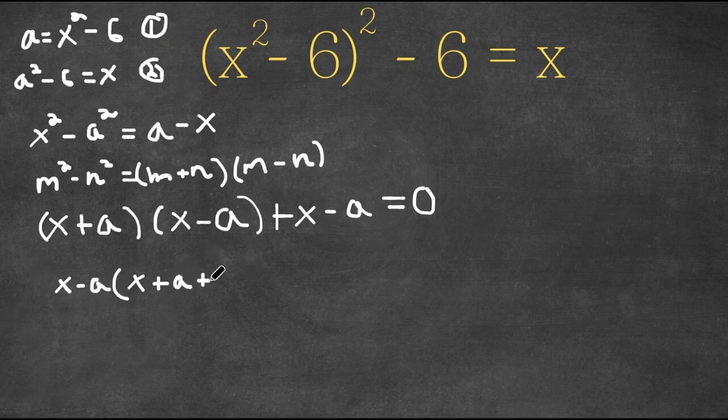So we have (x − a) times (x + a + 1), and this is equal to 0. So now this would actually give us two equations. We would have x − a is equal to 0. And for this, if we add a on both sides, we simply get x is equal to a.